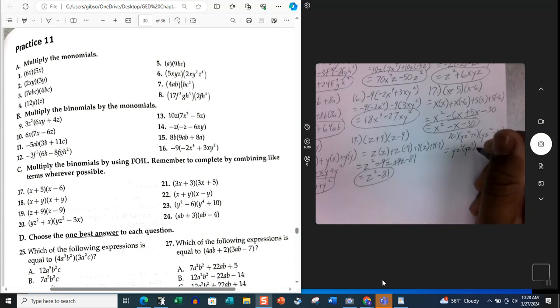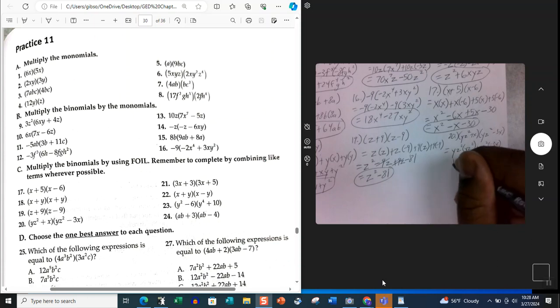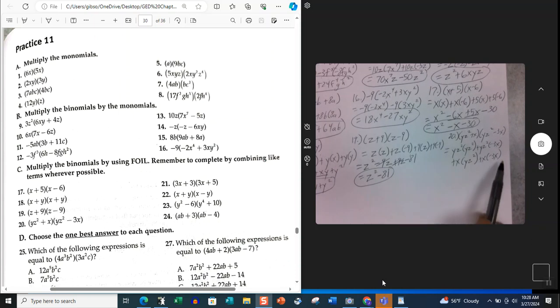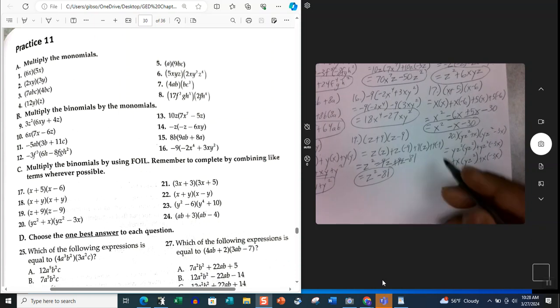Our outer would be a positive yz squared times negative 3x. And then our inner would be positive x times yz squared. And then our last would be a positive x times a negative 3x. Now I ran out of space, that's why I have it stacked like this.